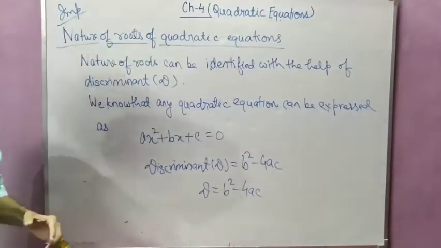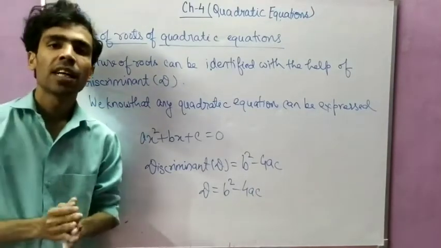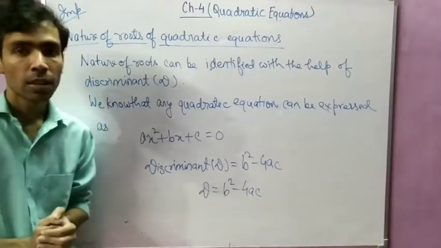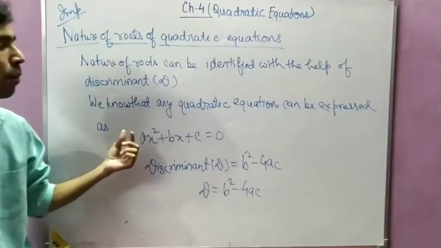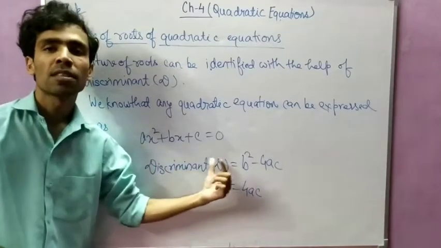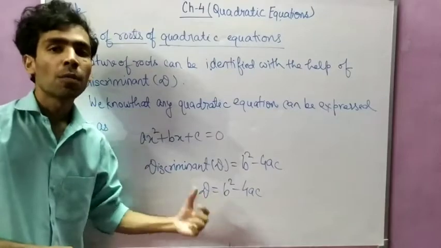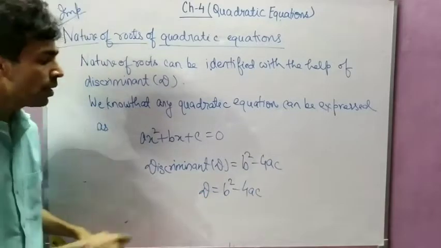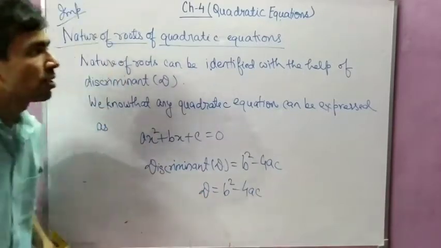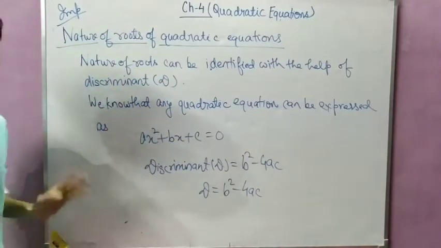So the first line I have told you: nature of the roots can be identified with the help of the discriminant, and we all know that the general form of quadratic equation is ax square plus bx plus c equal to 0. Now we know that the discriminant is B square minus 4ac. So first you will write this. You can note down these things.